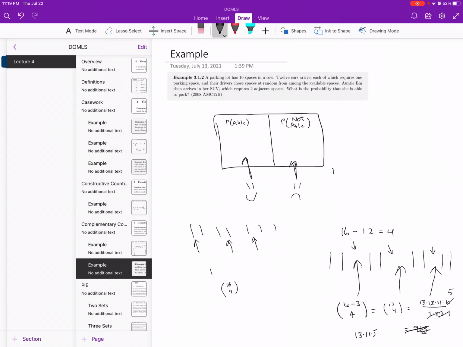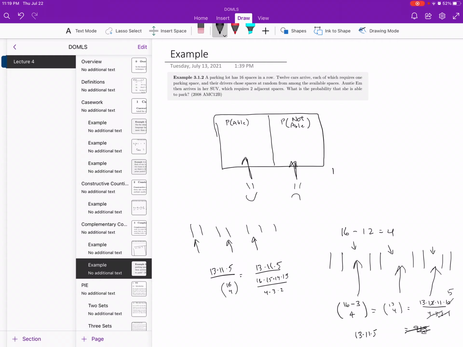So we have 13 times 11 times 5 divided by 16 choose 4. That is our probability. So 13 times 11 times 5 divided by 16 times 15 times 14 times 13 divided by 4 times 3 times 2 times 1.